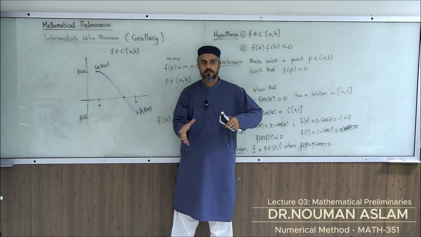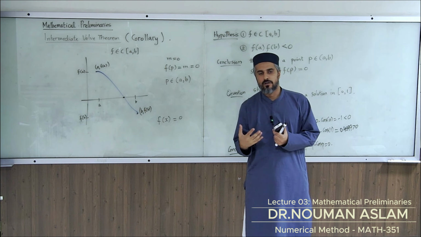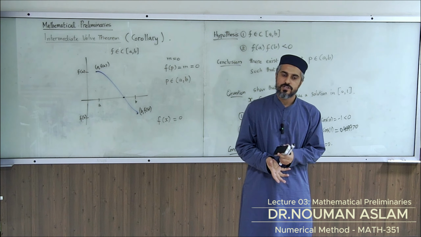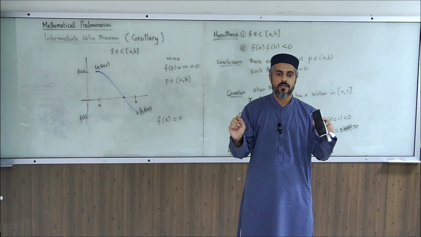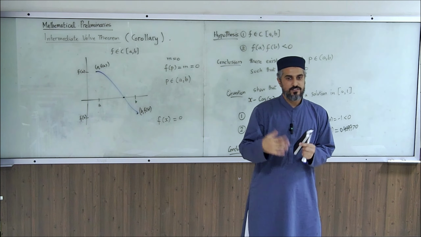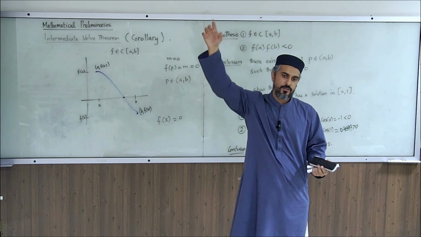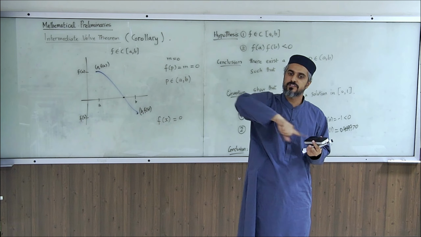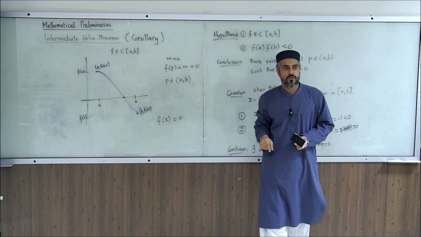So if the product of the function values at the endpoints is negative, then the function has a point between a and b where it becomes 0. You can understand it this way: if it is a continuous function and one endpoint value is negative and the other is positive, the function has to travel from the negative height to the positive height, and it has to cross the x-axis. That is the point where we get a solution.